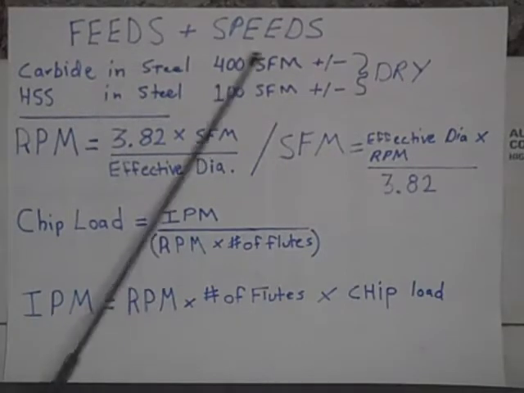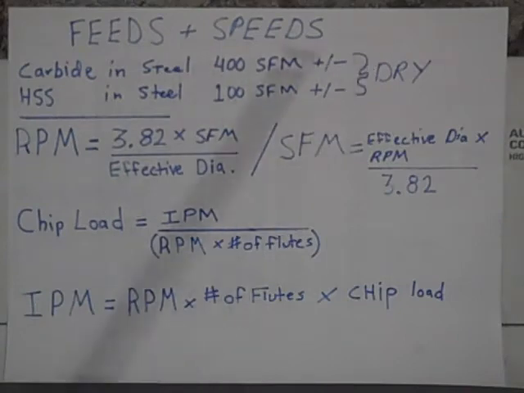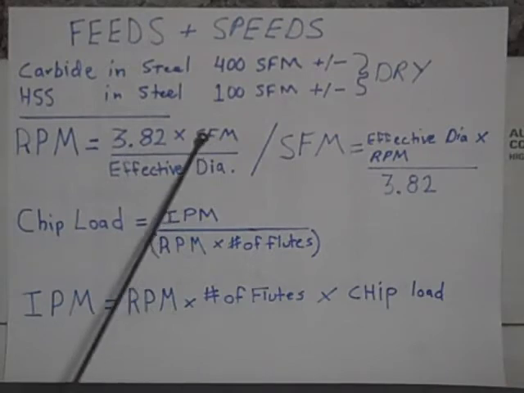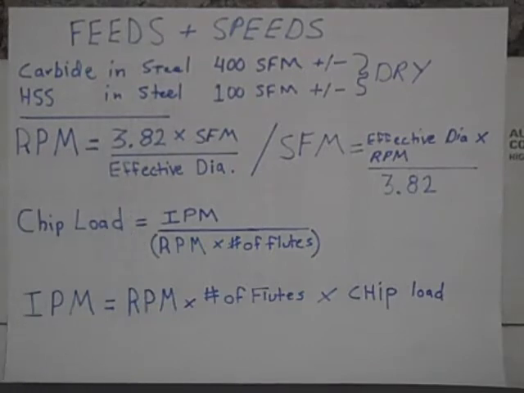So now that you know what surface feet you want to reach, this is cutting with tools now, not grinding. If you want to know your RPM, you take 3.82 multiplied by the surface feet per minute, depending on what material you're cutting and what tool you're using to cut it with, divided by the effective diameter.